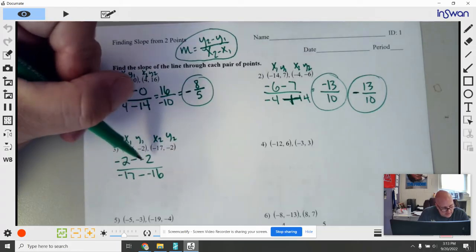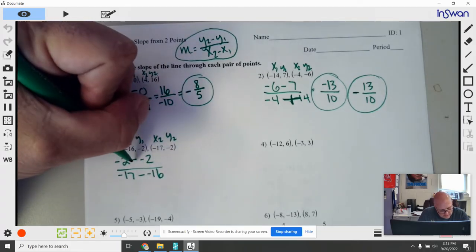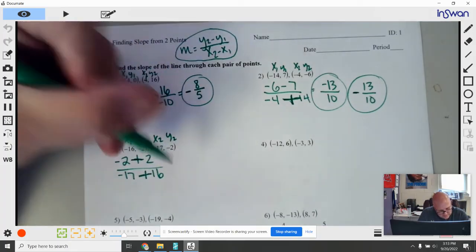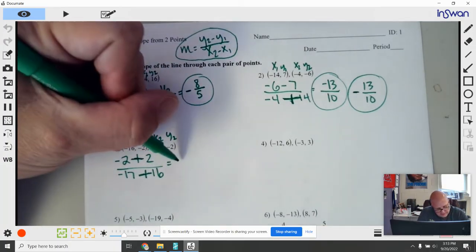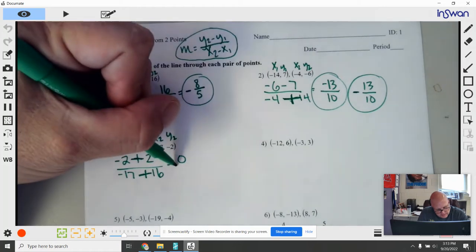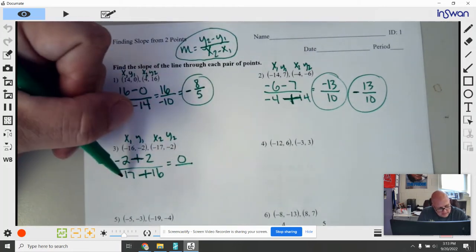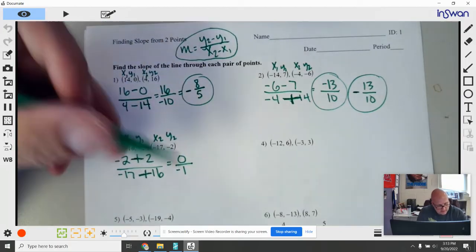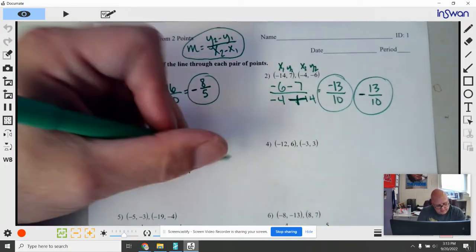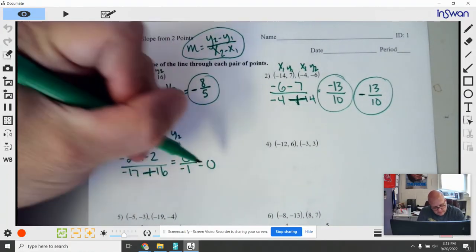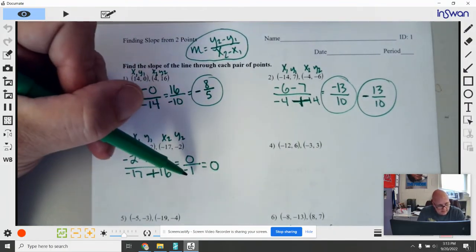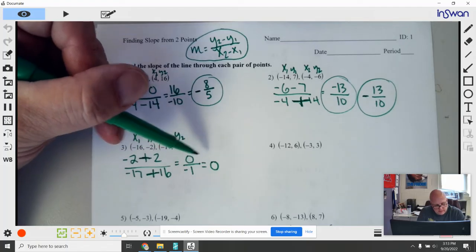Again, if you have any double negatives, that's the first thing I address. So I make that one big plus sign, and one big plus sign here. And we have negative 2 plus 2 gives you 0. And then negative 17 plus 16 is going to be negative 1. Now remember, 0 up top of any number is just going to reduce down to 0. So that'll be my final answer. If 0 was on the bottom, though, we would say it's undefined.